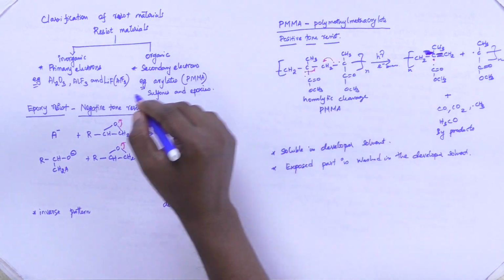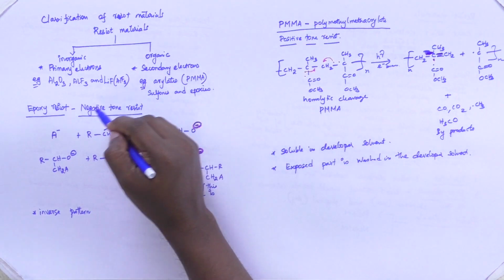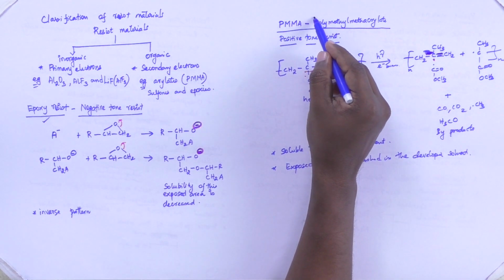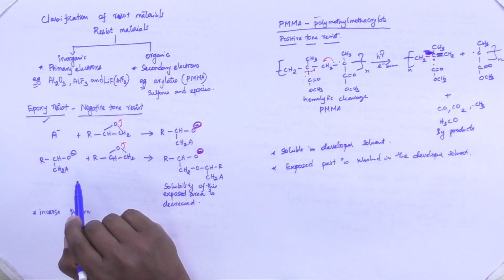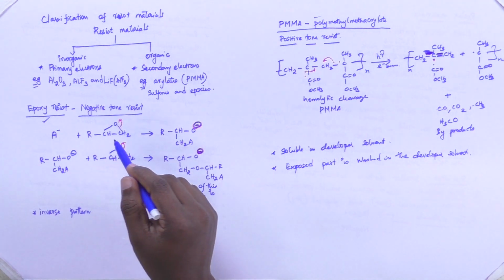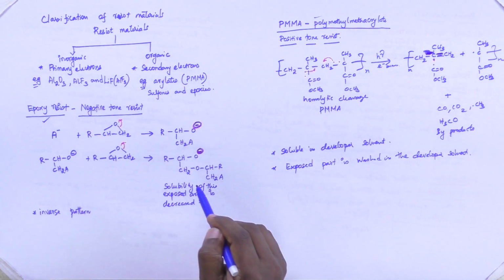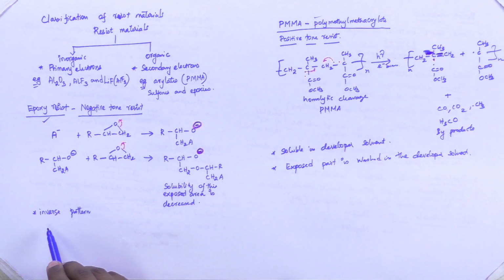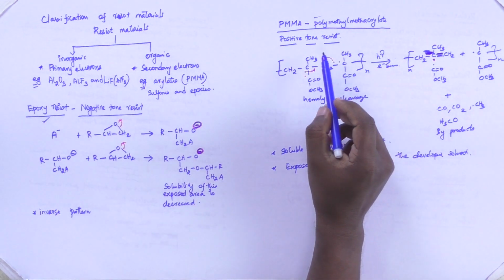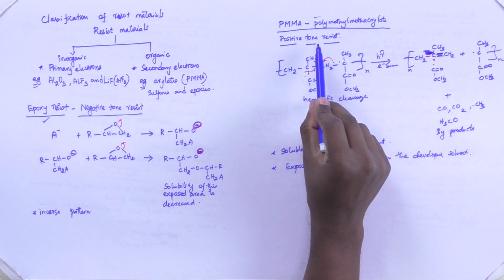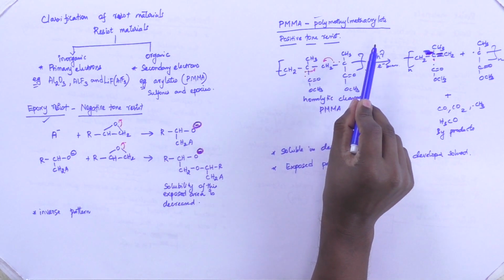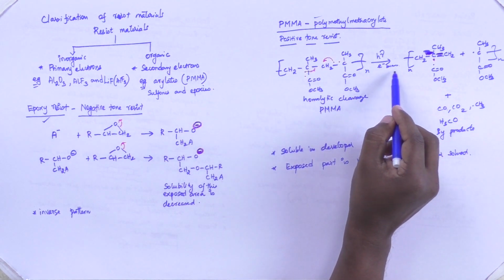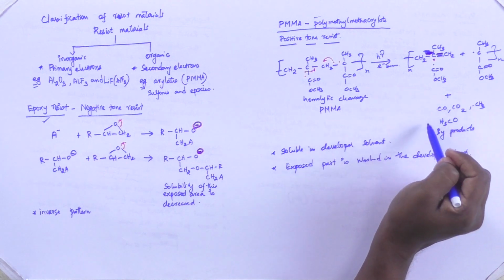So today we discussed two resist materials. One is epoxy resist and the other one is PMMA resist. One is a negative tone resist, in which when we expose the electron beam it will make new bonds by cross linking. As a result you will get an inverse pattern. And in the case of polymethyl methacrylate, which is a positive tone resist, when you pass the electron beam it will make chain scission.